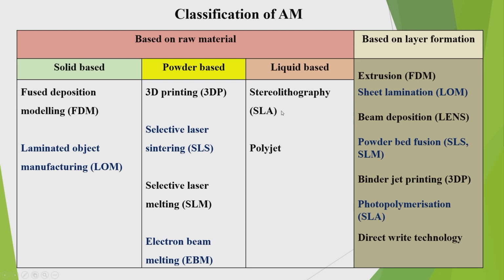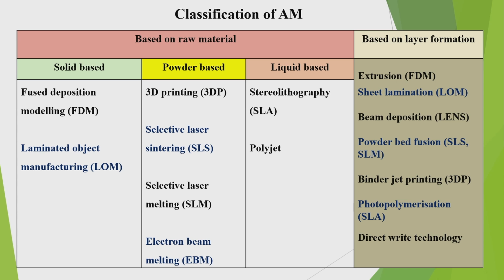Here some liquid material is there, consisting of photosensitive resin, and then finally with light it gets cured, and this is how it is done. Next is polyjet, which is also liquid based. Based on the layer formation, there can be a classification. One is extrusion based, just like material is extruded in fused deposition modeling.